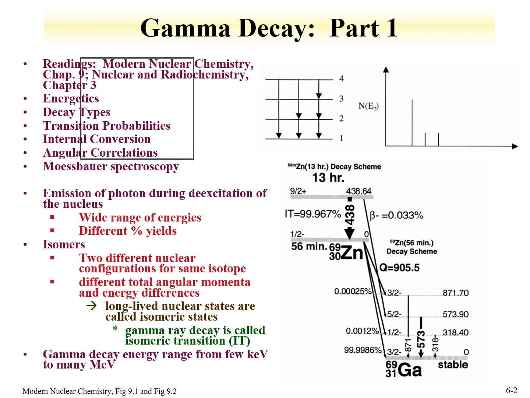There are a wide range of energies and different yields from virtually 0 to 100%. We've already discussed isomeric states, and here's an example of an isomeric state, zinc 69M, where it has an excited nuclear state. So an isomer, as we discussed earlier, are two different configurations of the same isotope.